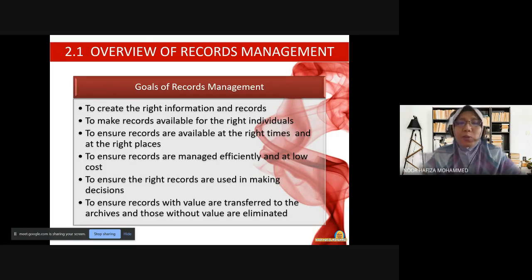Next is to ensure records are available at the right times and at the right places, to ensure records are managed efficiently at low cost, and to ensure the right records are used in making decisions. Lastly, it is to ensure records with value are transferred to the archive and those without value are eliminated.